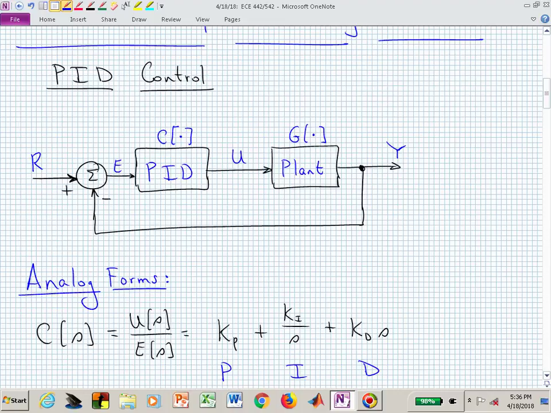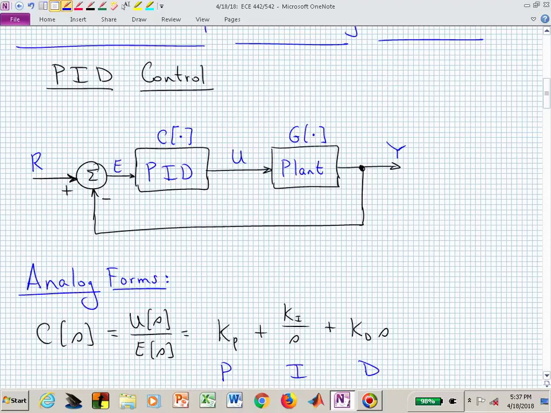Here, it seems fairly intuitive to talk about a PID controller in the frequency domain for the analog system. You have your proportional term, you have your integral term, which is now division by S in the Laplace setting, and you have your derivative term, which is multiplication by S. This is taking the error signal, that's the signal coming out of the first summing junction that's comparing the reference input with the output.